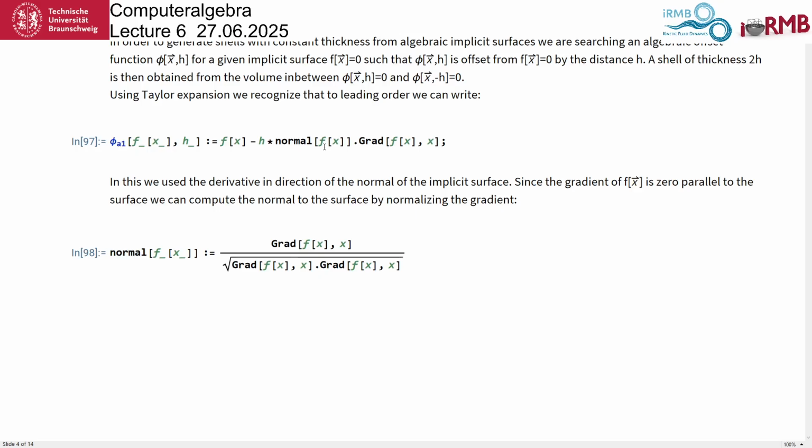So this would be the lowest order approximation that we can produce according to the Taylor expansion for a function that has its zero contour at a distance h. Right? So it's not accurate, yeah? But it is the lowest order approximation thereof.